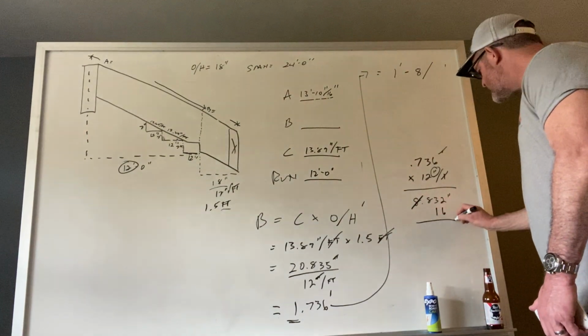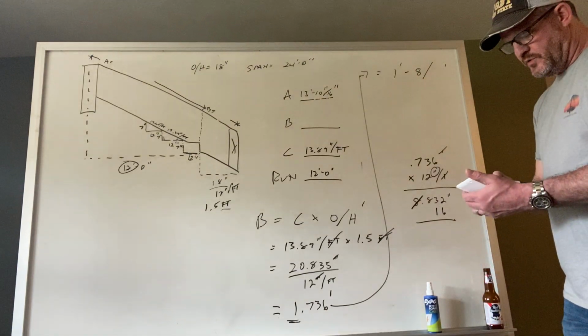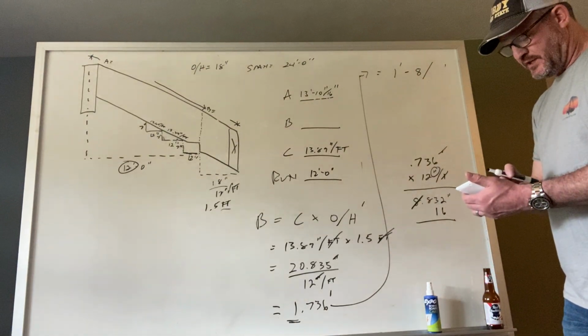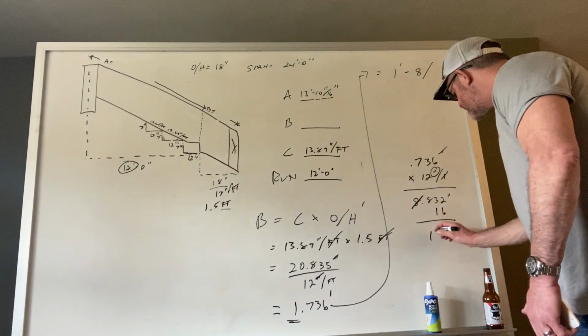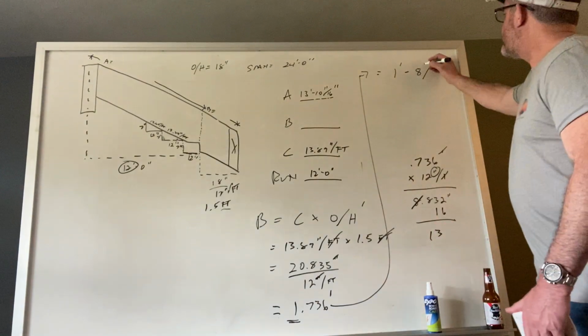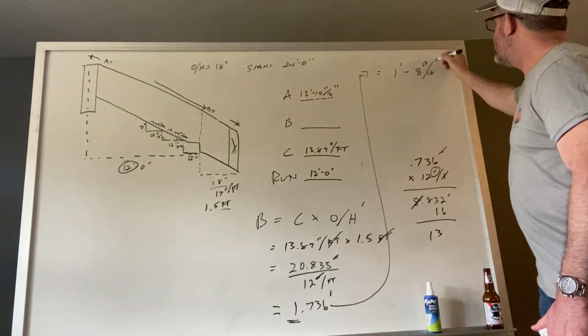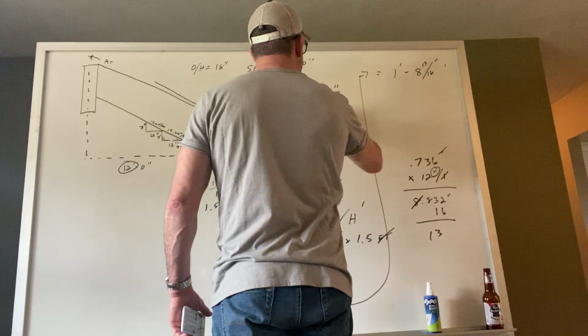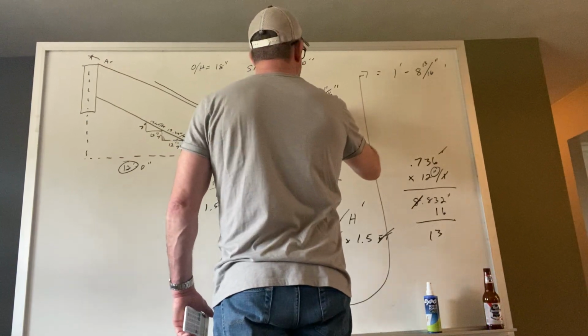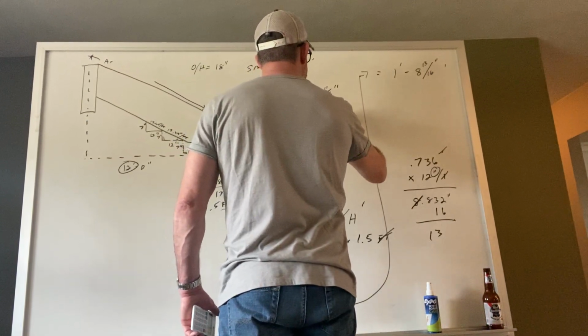I want it in sixteenths, so 0.832 times 16, and I get 13.3, so 13 sixteenths. So that means my overhang, or my tail, is 1 foot 8 and 13 sixteenths.